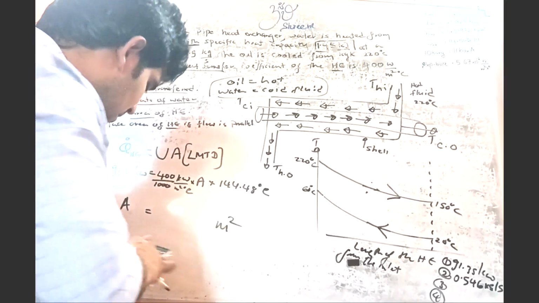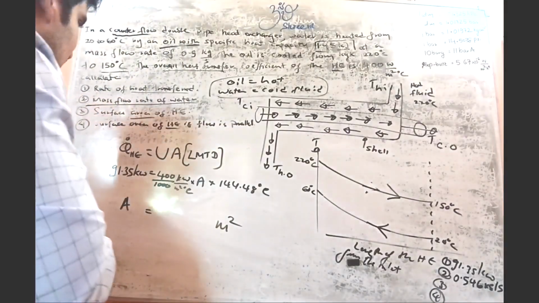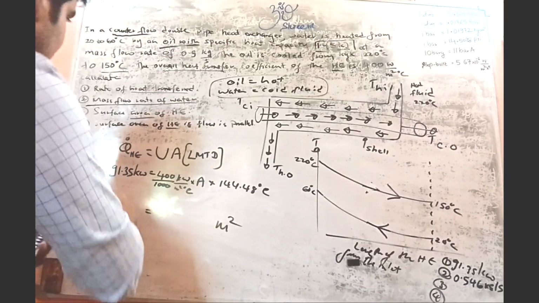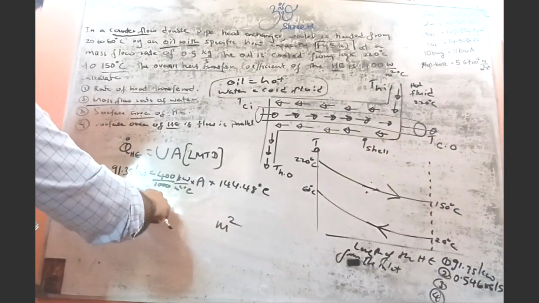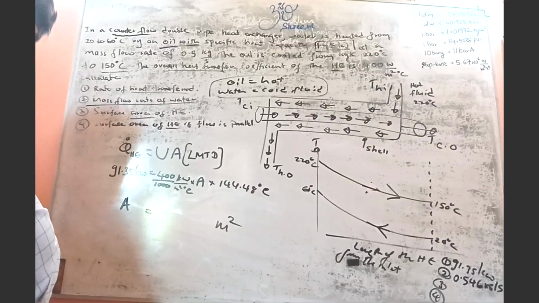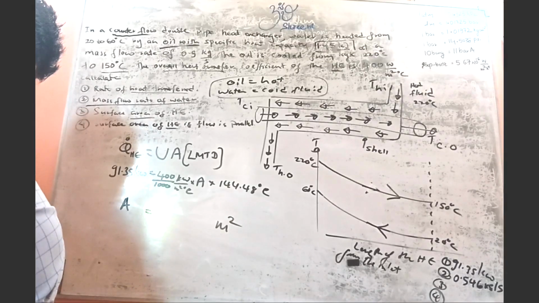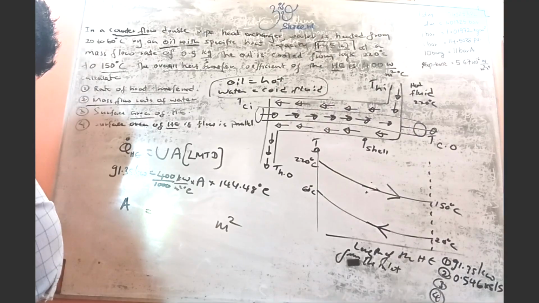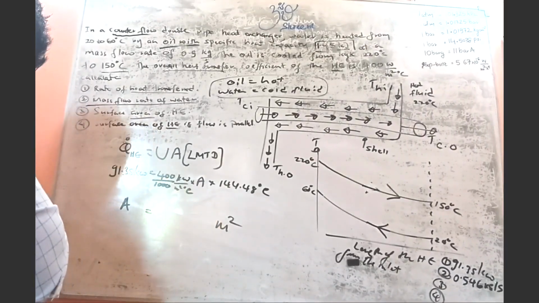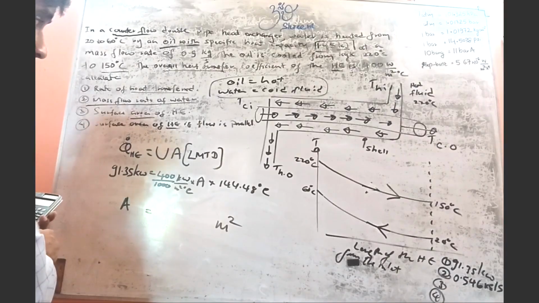So let's do that: 91.35 divided by 144.48.